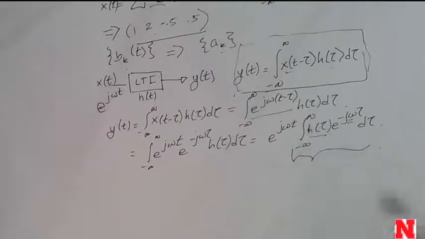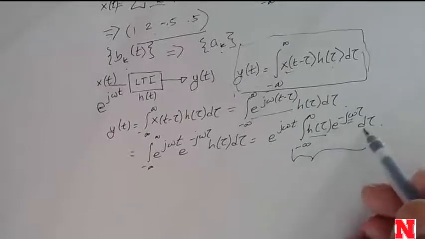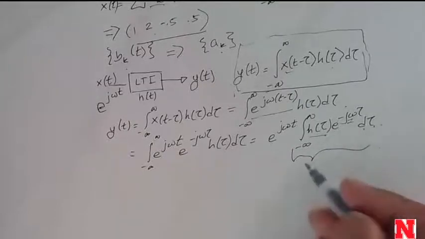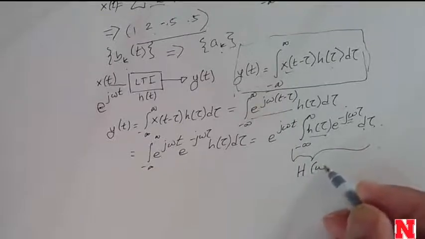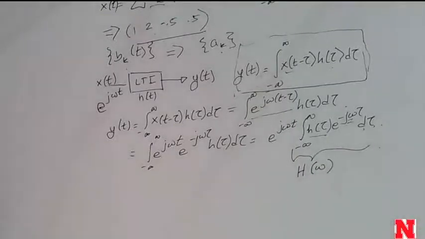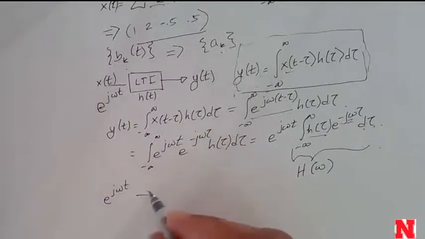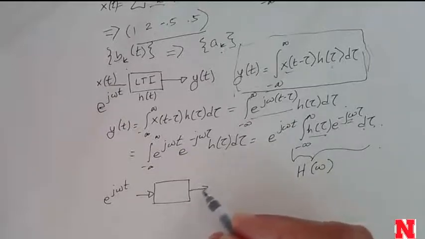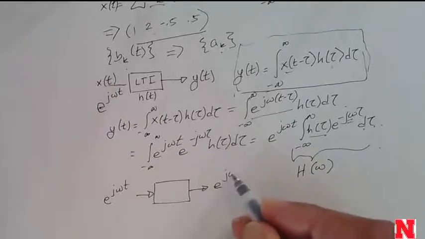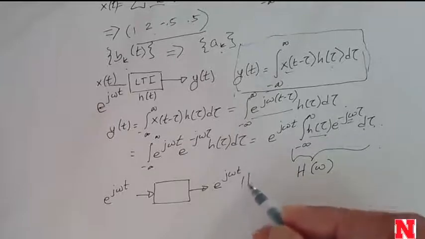And when I do that, I'll integrate out the variable tau, and I'll be left with some function of omega, and I'll call that capital H of omega. Okay, so here's my input. My input into this system was e to the j omega t, and my output out of this system is again e to the j omega t, times H evaluated at this omega.